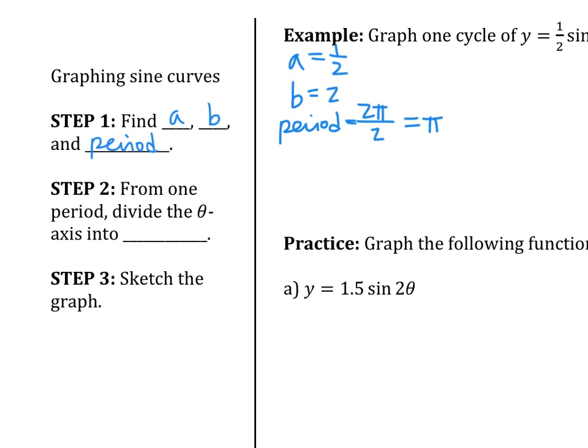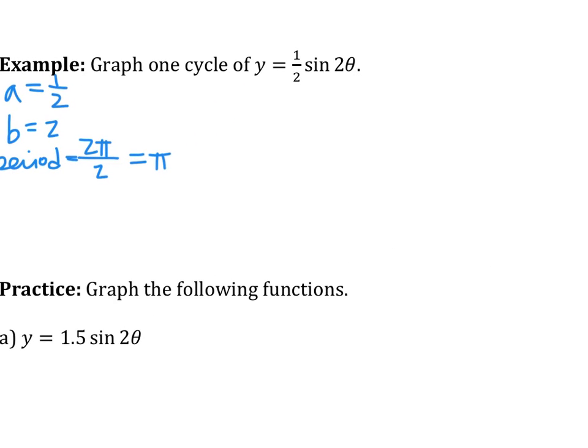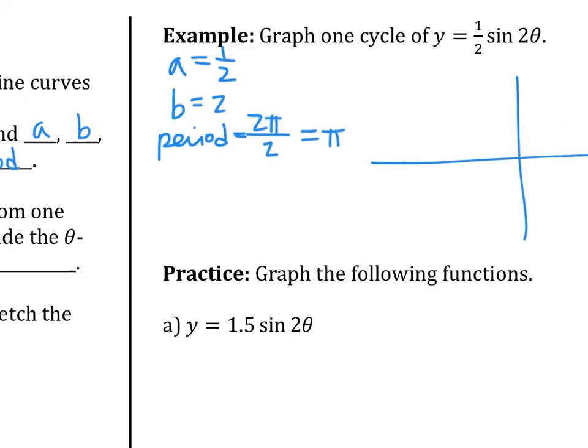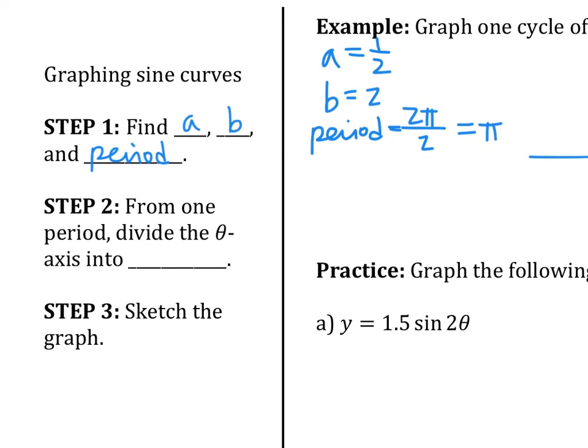That's step one. Step two, we're going to draw an axis. So first, let's draw this. Okay, xy, and we are going to label this. We're going to draw one period and then divide the axis into fourths.